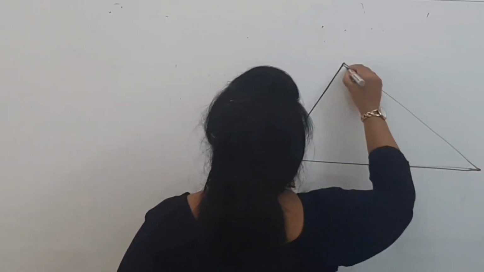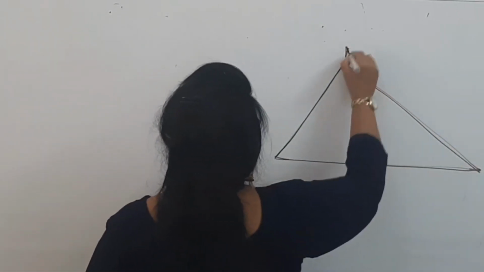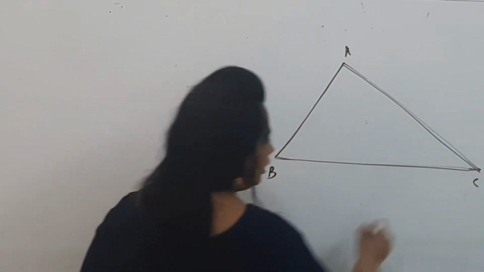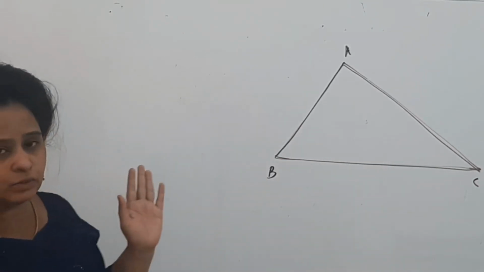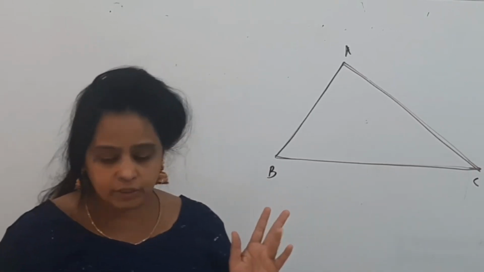Let me name the triangle ABC. We are talking only about the triangle at the moment. We finished similar figures and all, and now we have come to study only the triangles. That's why this chapter is also named Triangles.